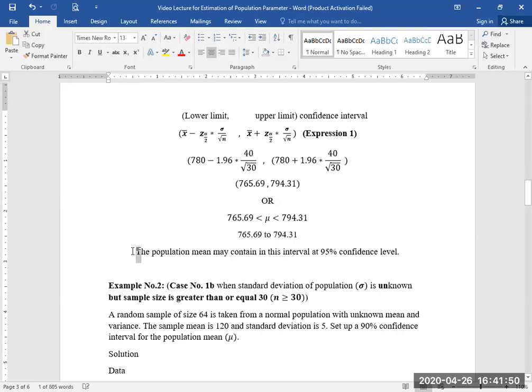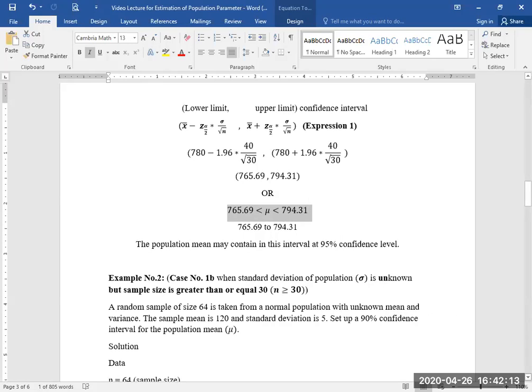What it tells us is that the population mean may lie in this interval at the 95% confidence level. It means we are 95% sure that the value of the mean lies in this interval.